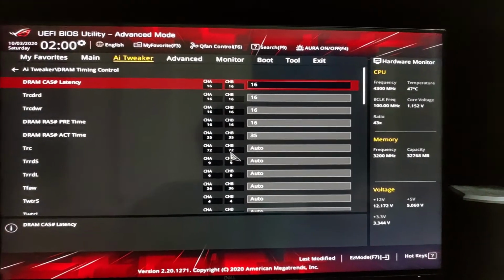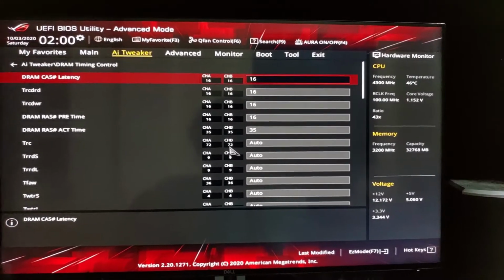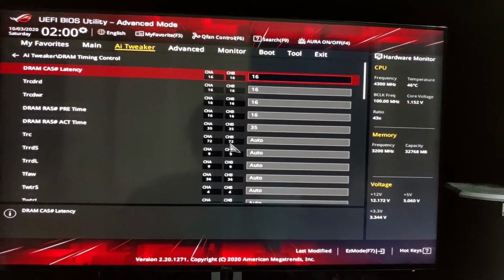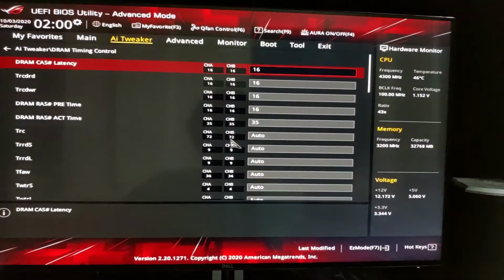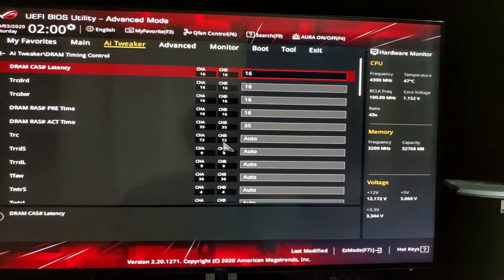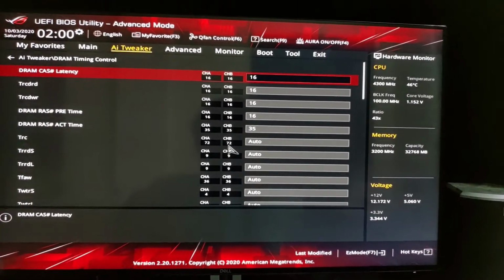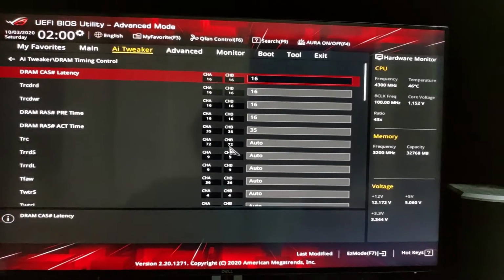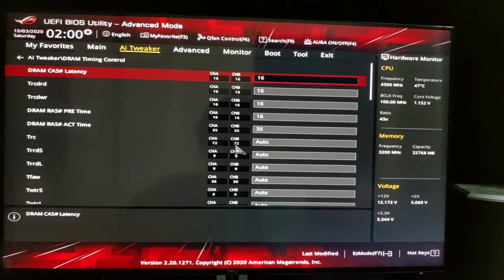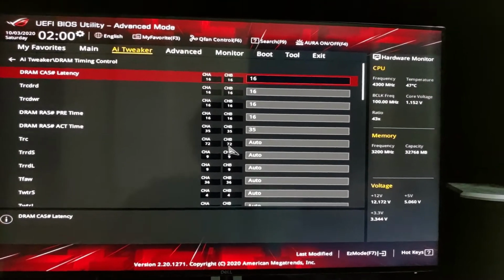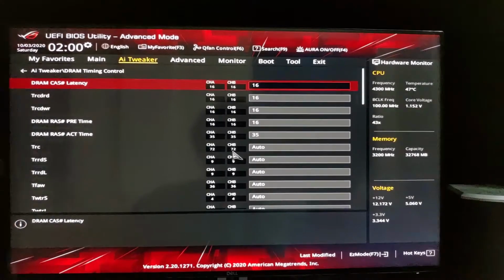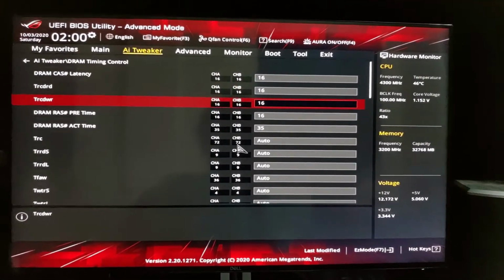Suppose you have a factory frequency of 3000 megahertz and you are targeting a frequency of 3400 megahertz, you will likely need to increase these values so that the RAM can keep up with the increasing frequency, which will allow for faster read and write speeds, and obviously it is going to need some more time between two consecutive memory operations than it would have needed for 2666 megahertz or the stock 3000 megahertz, for example.